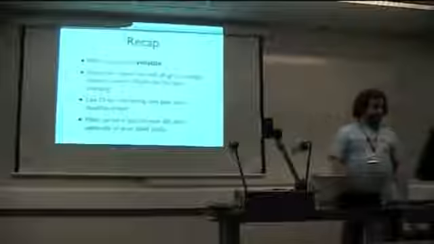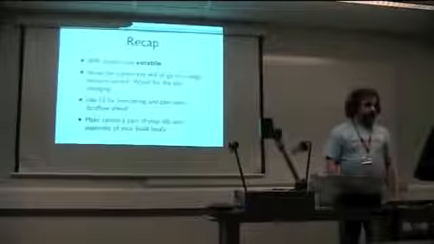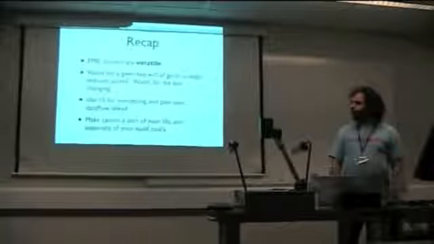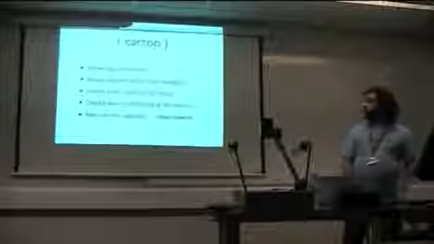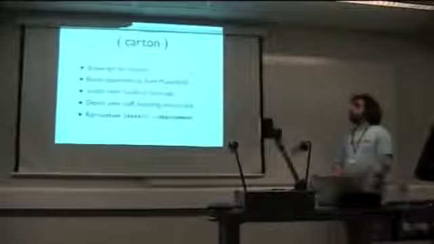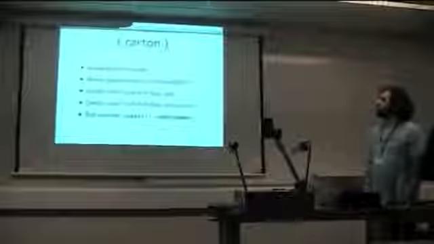Carton, which is quite recent, but which I'm using enthusiastically, makes this much easier. I call it Shipwright for humans, because for me at least, it is Shipwright for humans. It reads dependencies from Makefile.PL.